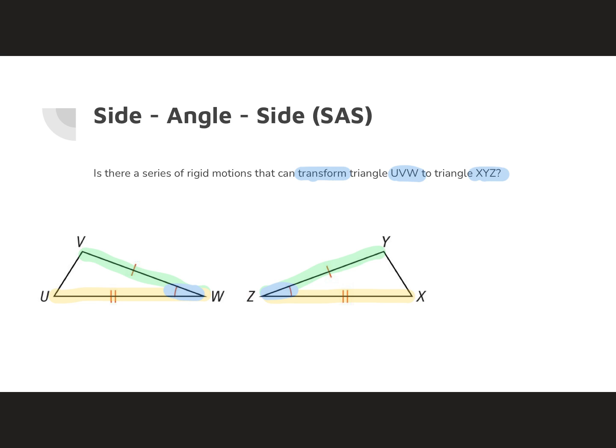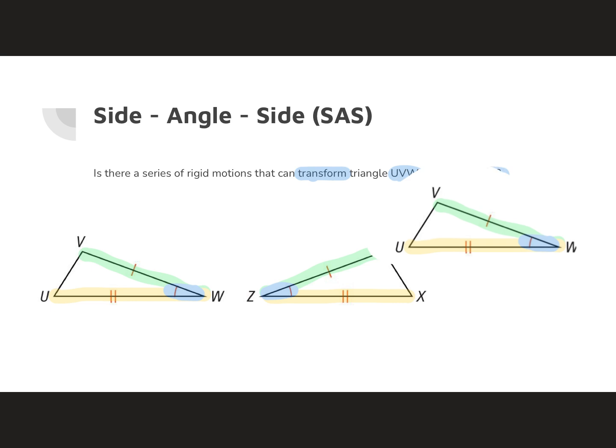So if I take this triangle and just sort of cut it out, I can take it and you see if I move it over here, you can see how it is the same as this one.